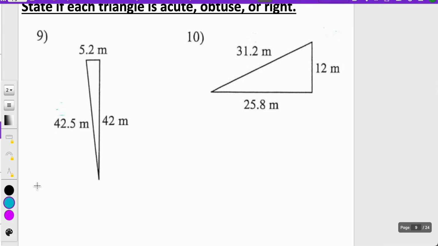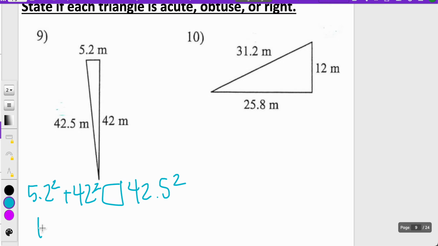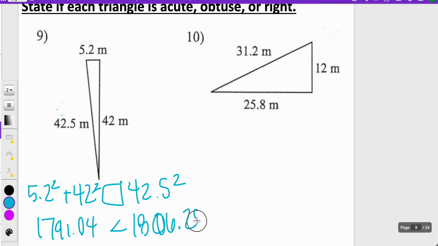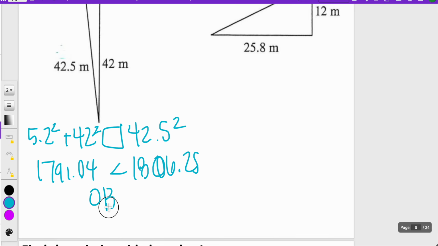Same thing here for number 9, 5.2 squared plus 42 squared is what to 42.5 squared? We're going to get 1,791.04, but that'll be less than the 1806.25 that we get here. So we'll say this is obtuse.